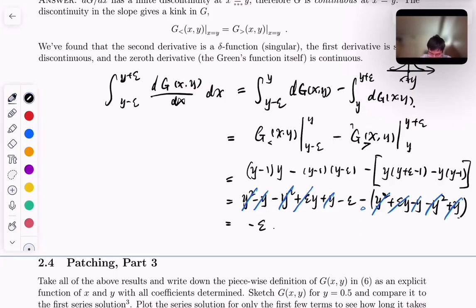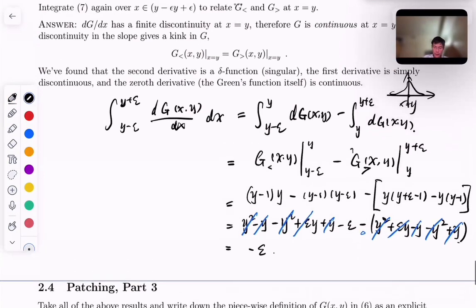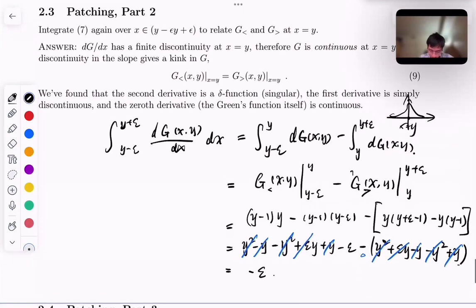The first derivative is simply discontinuous, and we need to know how the zeroth derivative behaves.